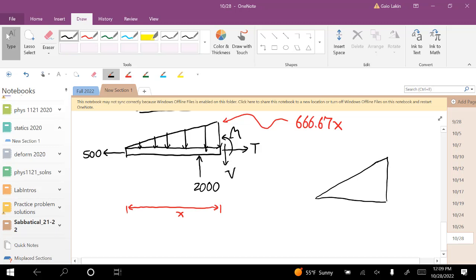This looks exactly like it did on the first cut. We have a length of x, a height of 666.67x. The centroid is 2x over 3 from the left. The area is x times the height divided by 2, so 333.33 x squared.